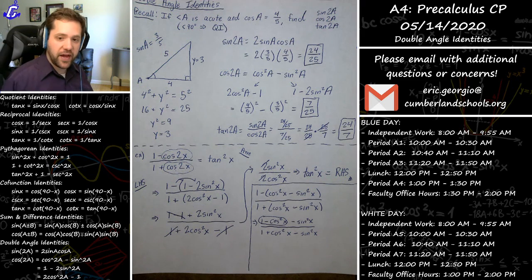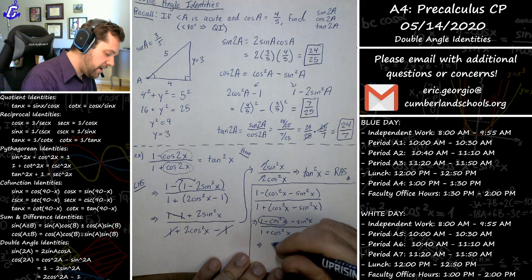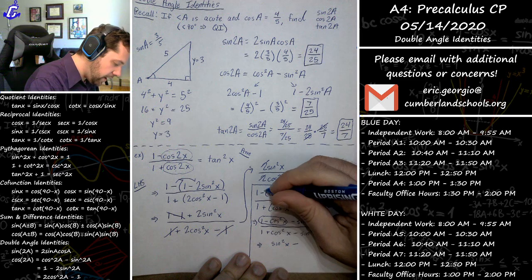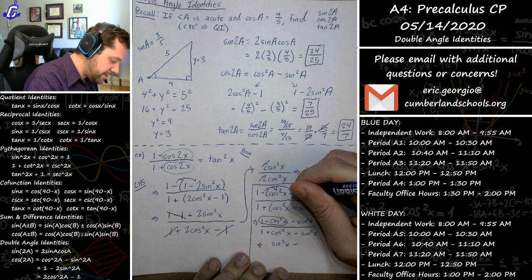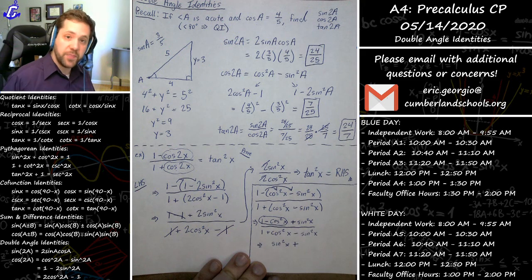Look at the first Pythagorean identity in that sidebar there. 1 minus cosine squared would be sine squared. So in the numerator, I would get sine squared of x minus, wait a minute, oh, sorry, I wrote this incorrectly. The negative is going to distribute there, so we're going to get a plus sign right here. Sorry about that. Let me just backtrack.